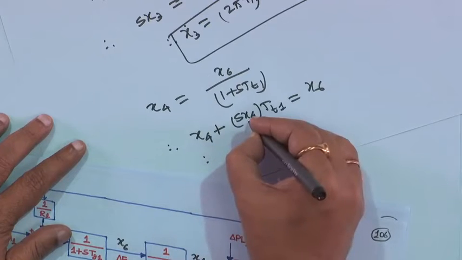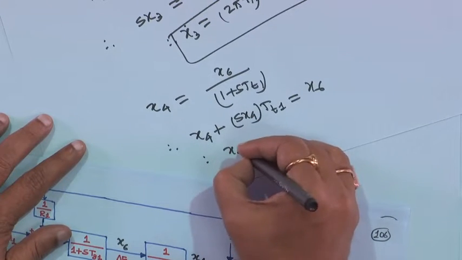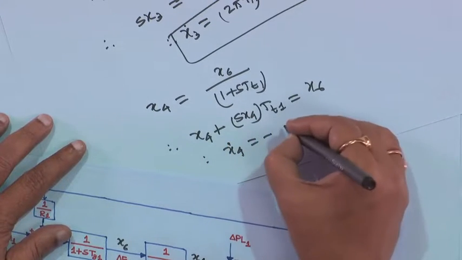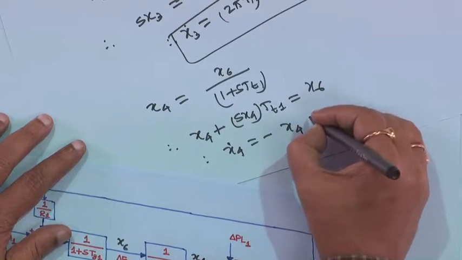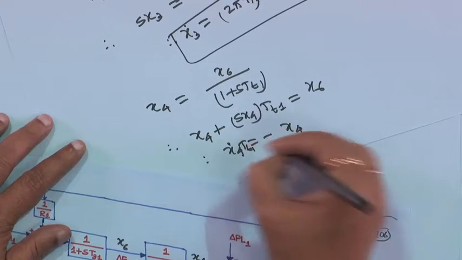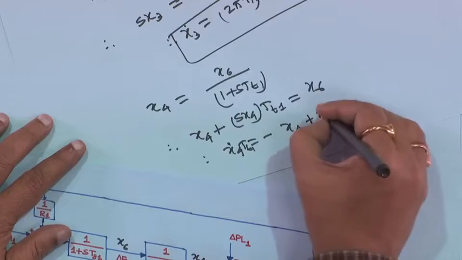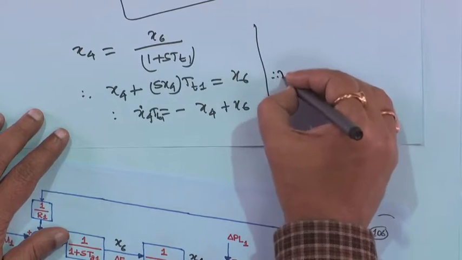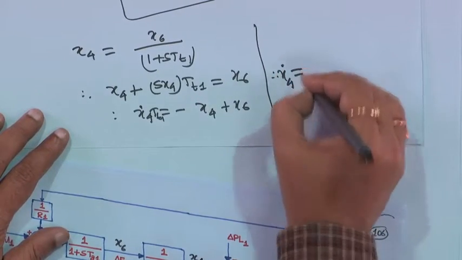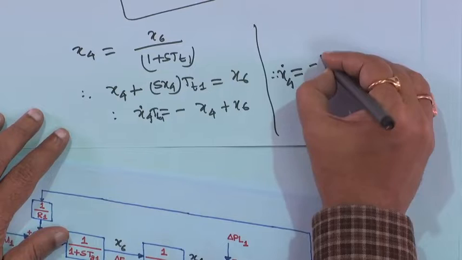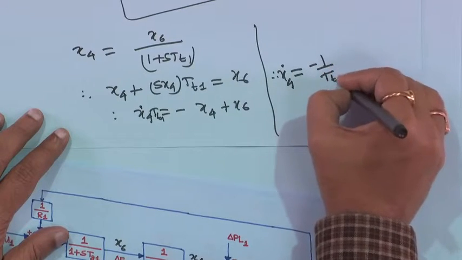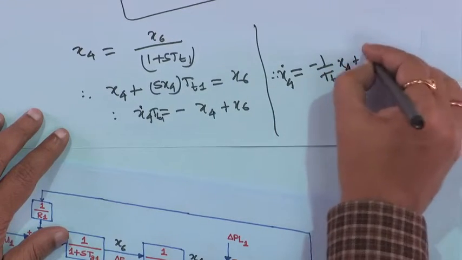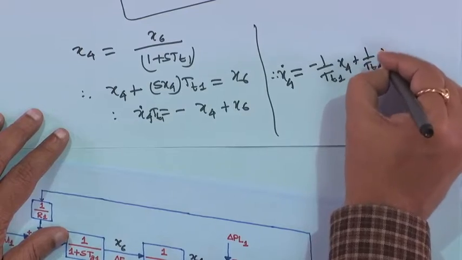That means this is actually x4 dot, therefore, x4 dot T_T1 is equal to minus x4 plus x6, right. That means x4 dot is equal to minus 1 upon T_T1 x4 plus 1 upon T_T1 x6.